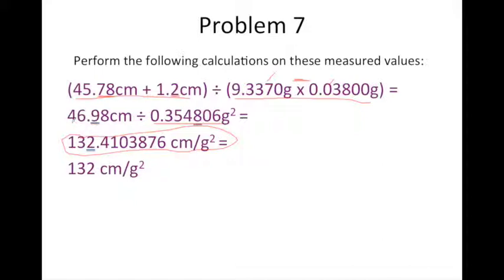My first number has 3 sig figs, my second number has 1, 2, 3, 4 sig figs. So my answer can only have 3 because that's the number with the fewer sig figs. I would round this, and because we have a 4 here, I would leave it as is, and 132 centimeters per gram squared would be my final answer.